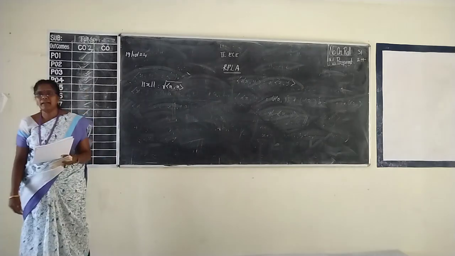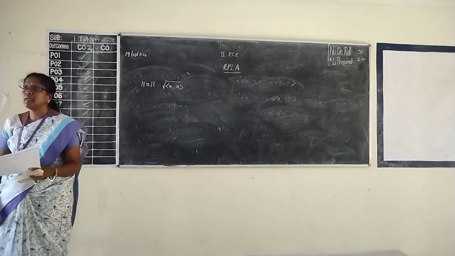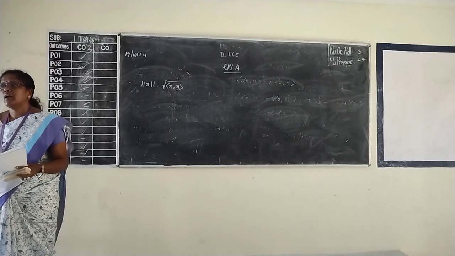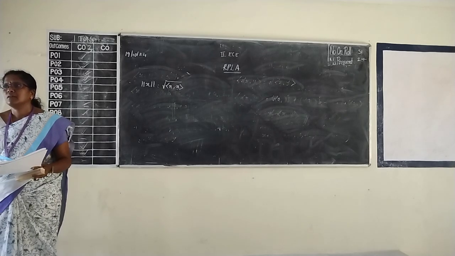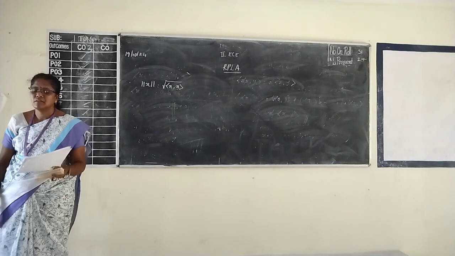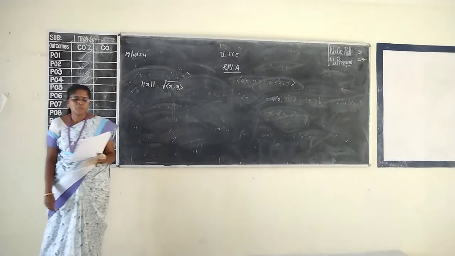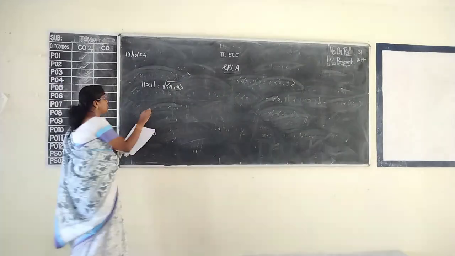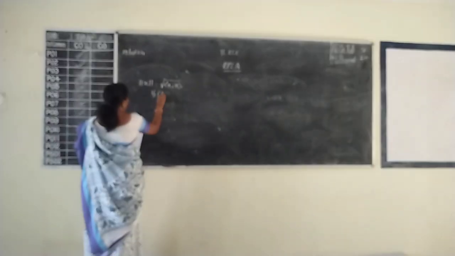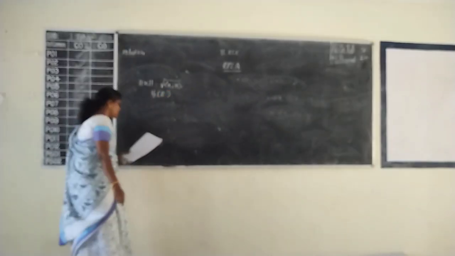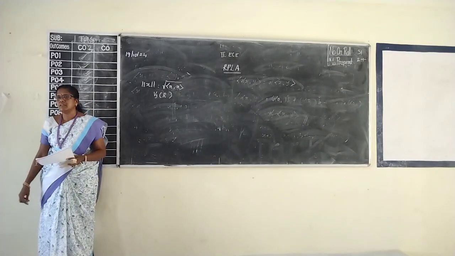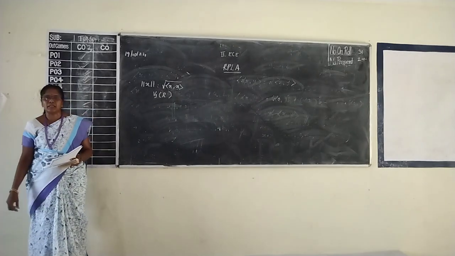Right. Find the norm of the following vectors in V3 of R with the standard inner product.